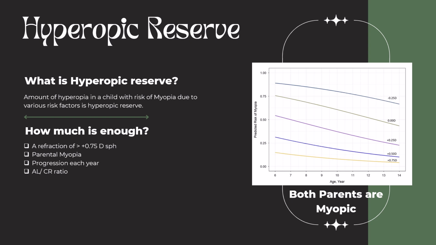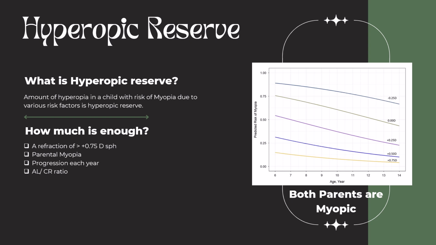Parental myopia is an independent risk factor, and if the patient has parental myopia, the hyperopic reserve should be more by around plus 0.5 to plus 0.75. Another factor is progression each year. Despite these two factors, if the patient is progressing very rapidly, those patients can be put on atropine if you have evidence that they are gradually shifting towards myopia and would have an early onset.